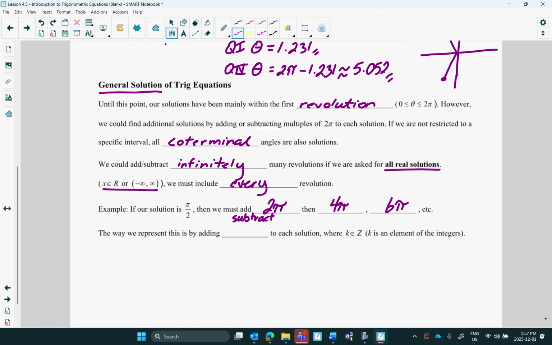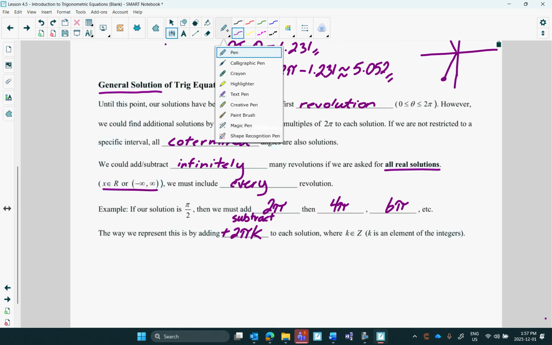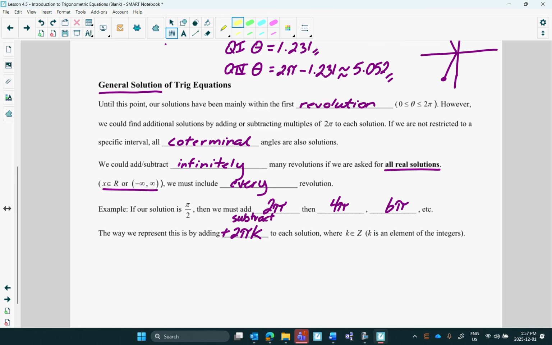So how do we deal with this? You guys have seen this notation before. We do plus 2 pi k, where k is an integer, k-e-z. We've seen that notation before.